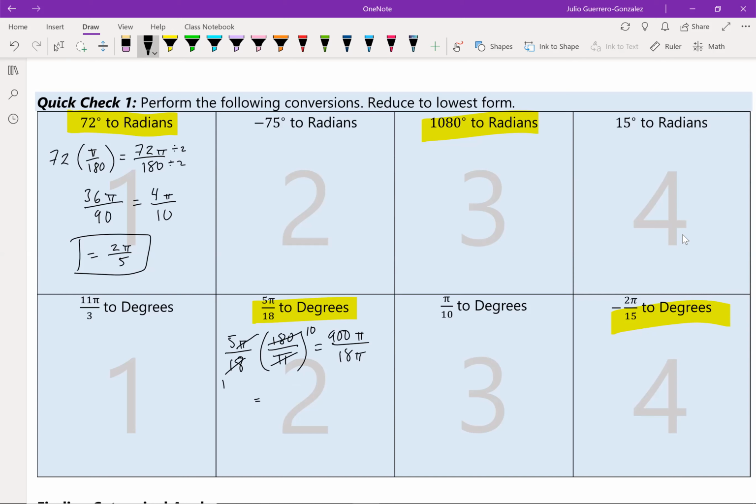And that leaves you with 50 degrees. Same thing if we cancel here, right? The pi's cancel out. 900 over 18, which is equivalent to 50 degrees. So either which way you want to do it is fine.